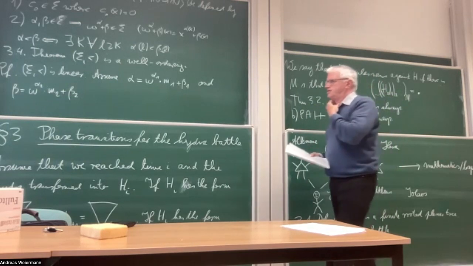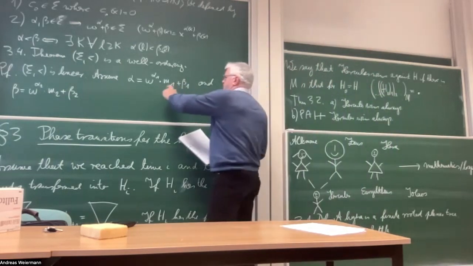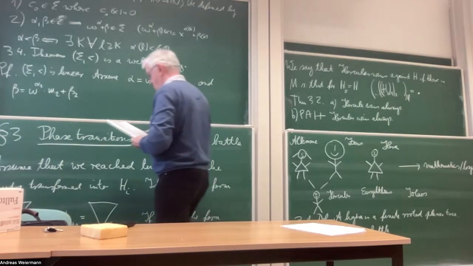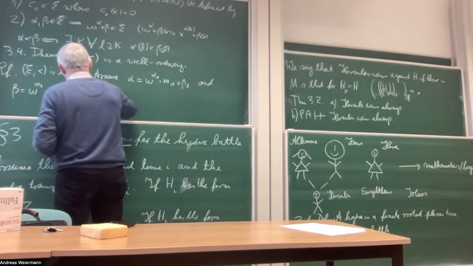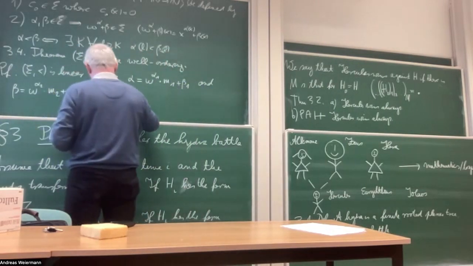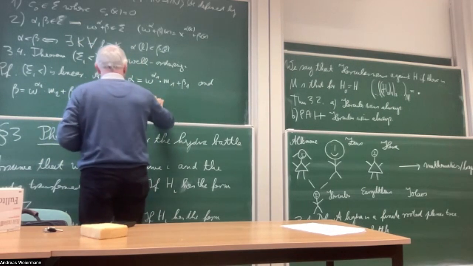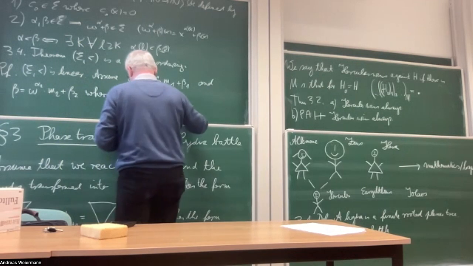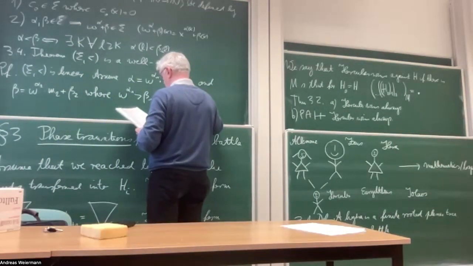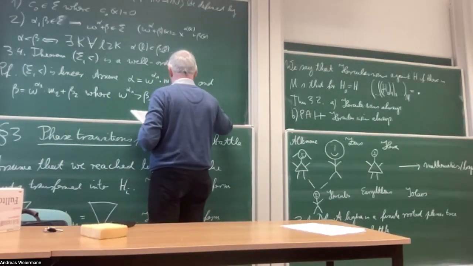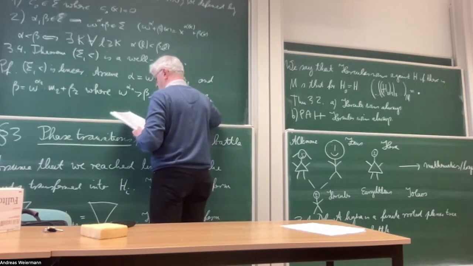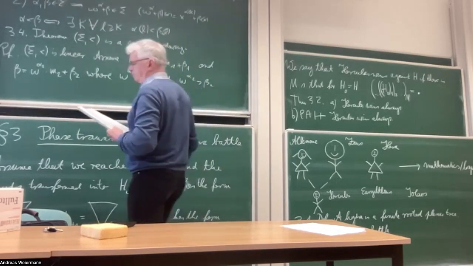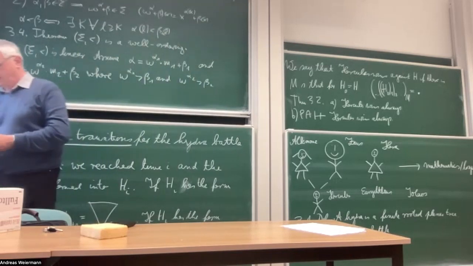Now by induction hypothesis, I can compare those terms with those terms. So assume that omega to the alpha 1 is bigger than beta 1, and omega to the alpha 2 bigger than beta 2. Okay, now what?